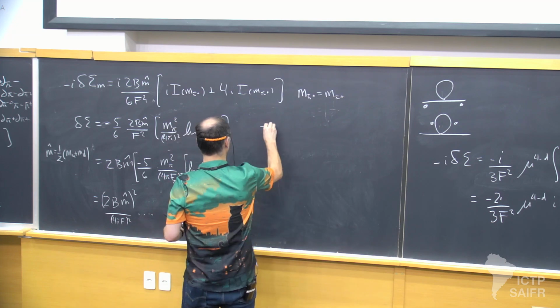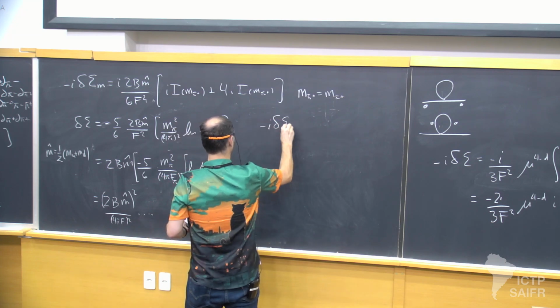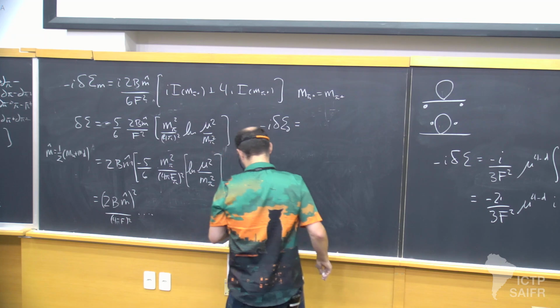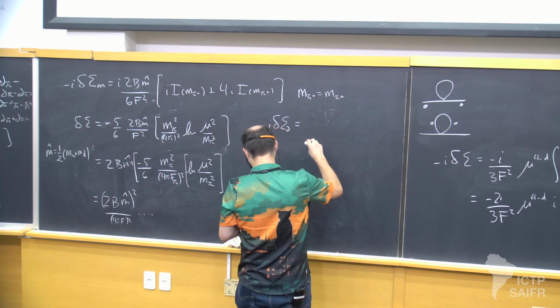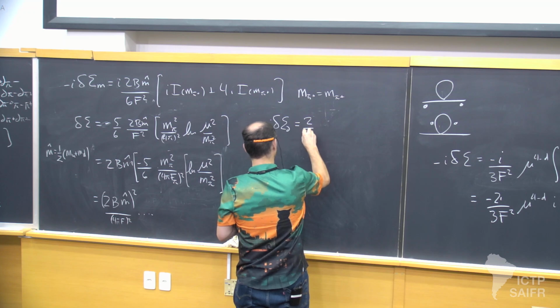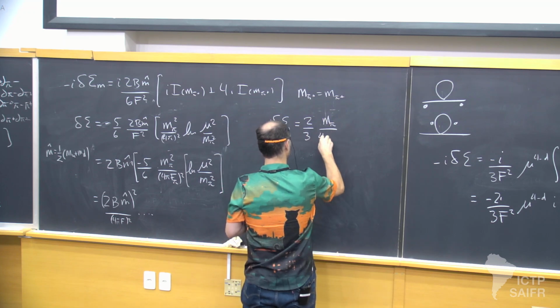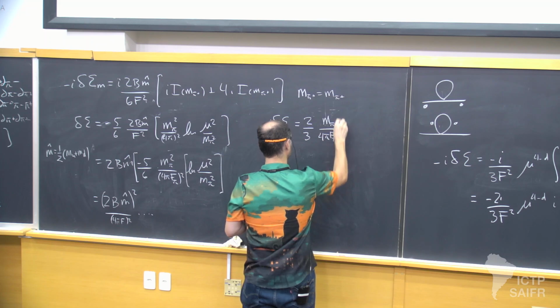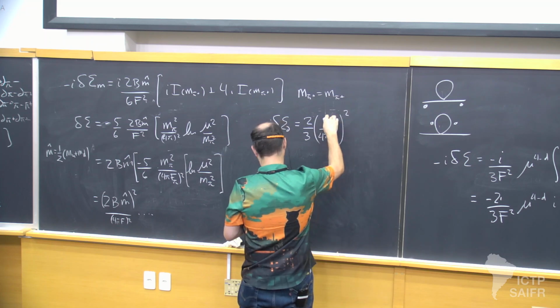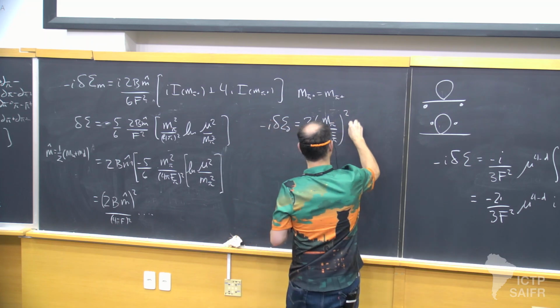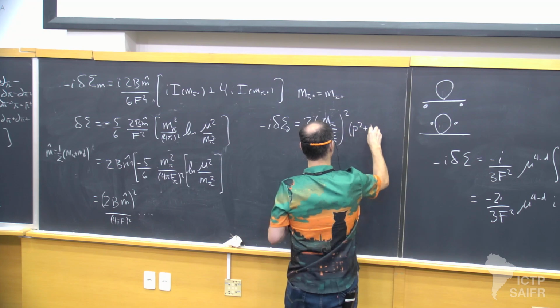So now my self-energy from the kinetic operator is going to be, I get 1 power of the pion mass, and then I have a p squared plus m_pi squared.